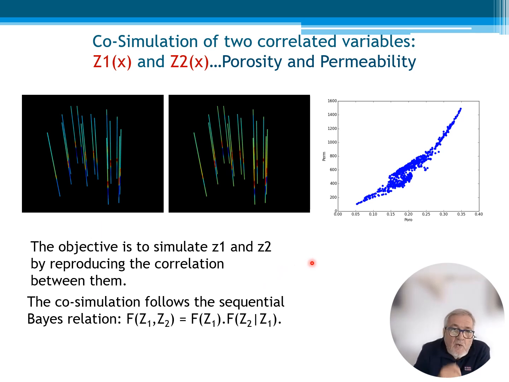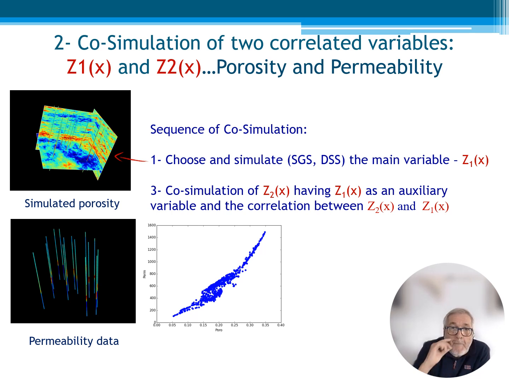So the co-simulation, or joint simulation, follows the sequential Bayesian relation, which means that we first simulate the first variable, and the second variable is simulated conditioned to the previously simulated model Z1. Let's see how it works. So this is the sequence of co-simulation.